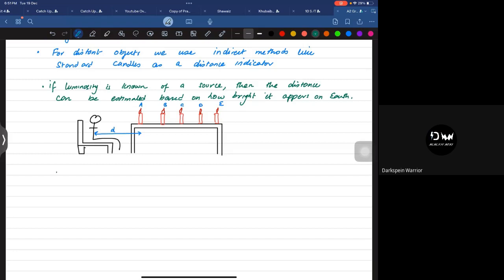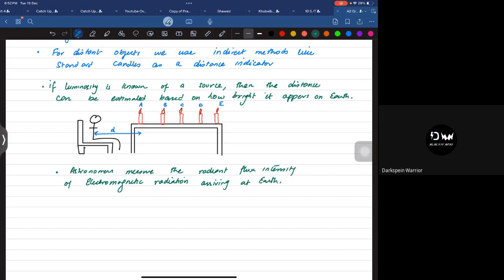So we can say that astronomers measure the radiant flux intensity of electromagnetic radiation arriving at Earth.